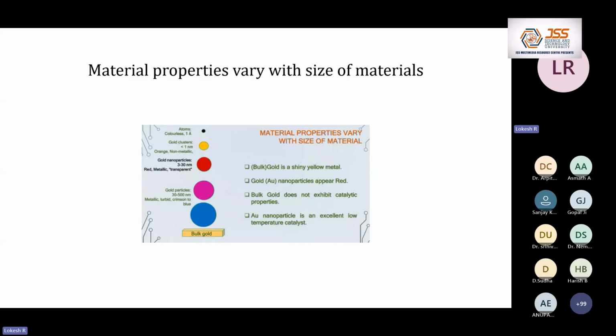When the size of the gold nanoparticle is from 3 to 30 nanometer, the color is red and it is metallic. So the color keeps changing as the size goes on reducing. At one point, it becomes colorless. Gold nanoparticles appear red and bulk gold does not exhibit these catalytic properties, that is, it is an inert material.